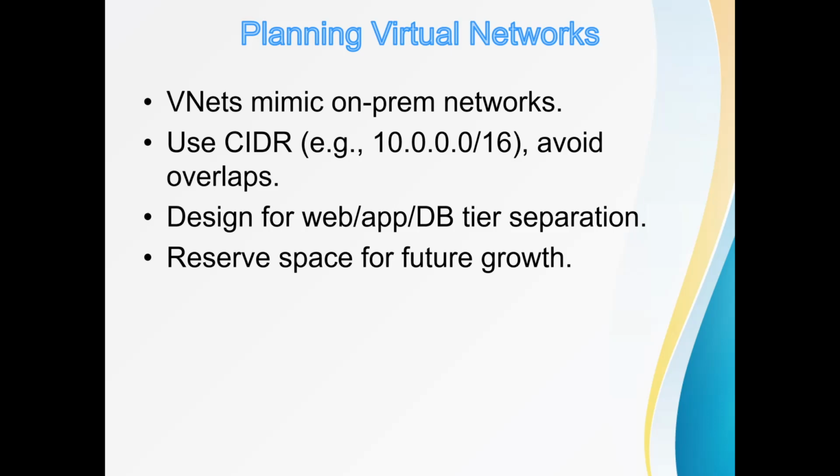That is also possible. While we plan for virtual networks, we should also make sure that we do not utilize more than what we require for the IP addresses and CIDR ranges. We should plan in a way that we keep some space for future growth.